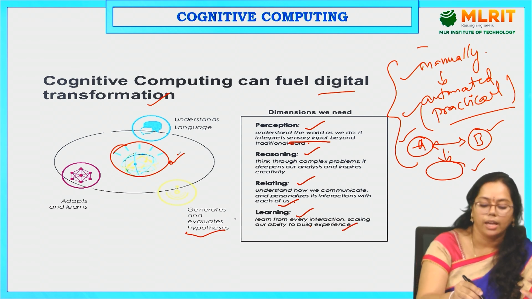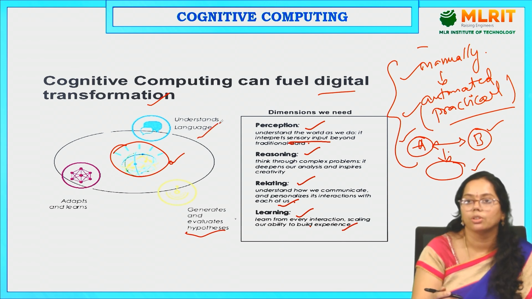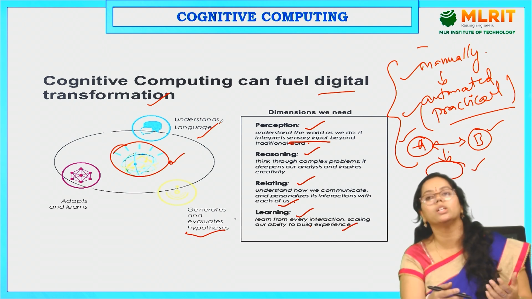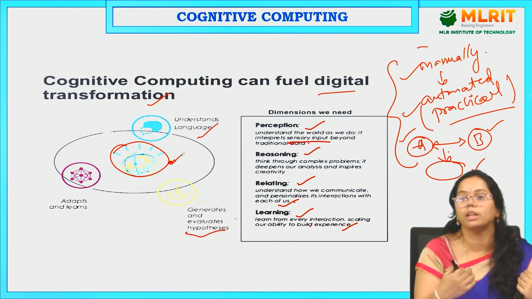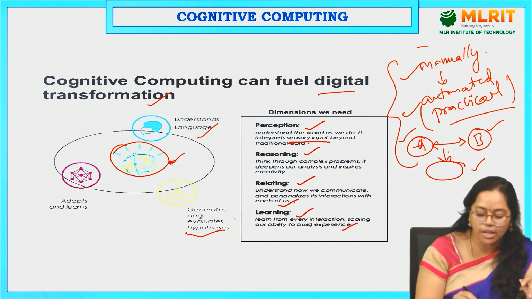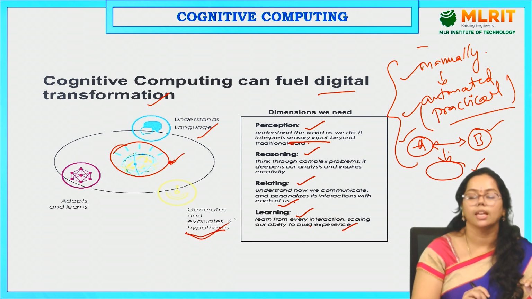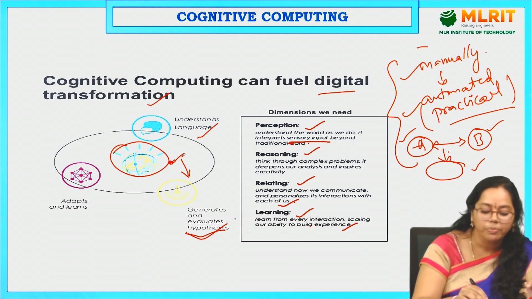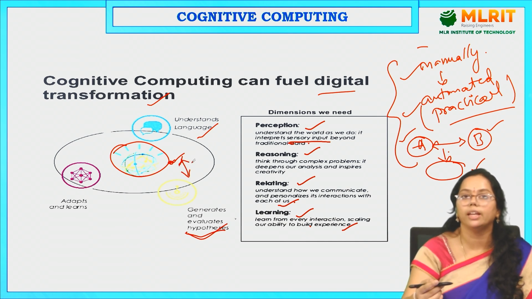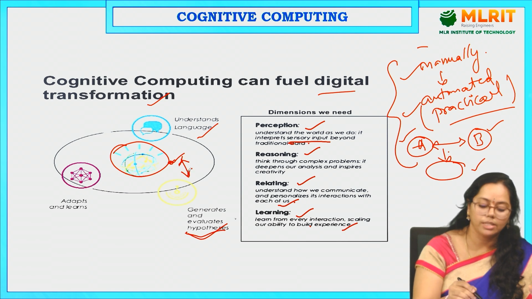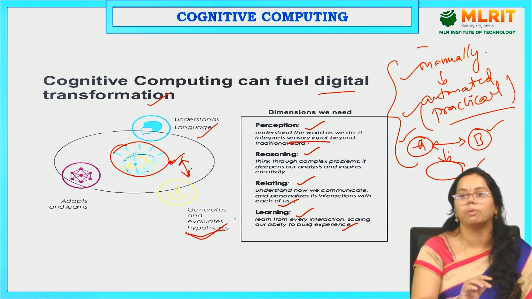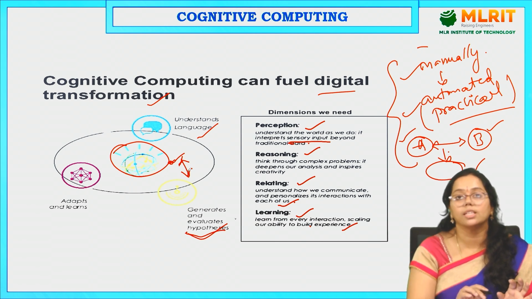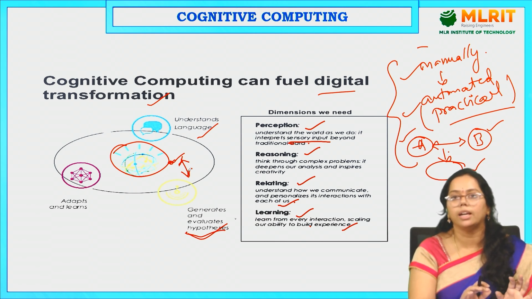It will first understand the language, irrespective of what language it is. It will convert it into its own language and understand what the web is trying to give information to it, right? And it generates and evaluates the hypothesis, like whether it is compatible, whether it is out of range, or is there any other information that it has not related to. It will check whether there is some compatibility or a hypothesis generated or not.